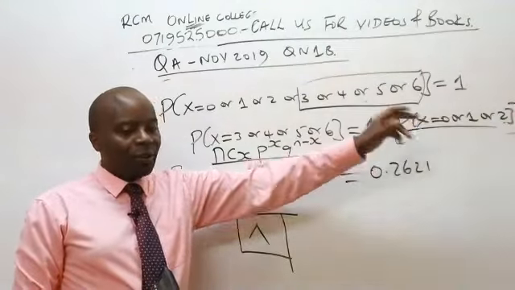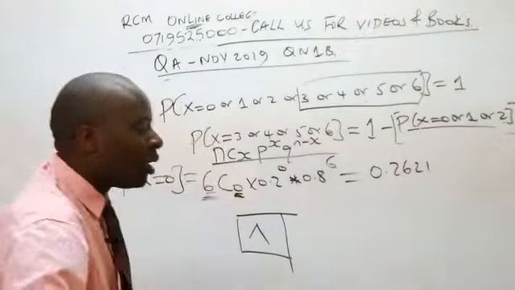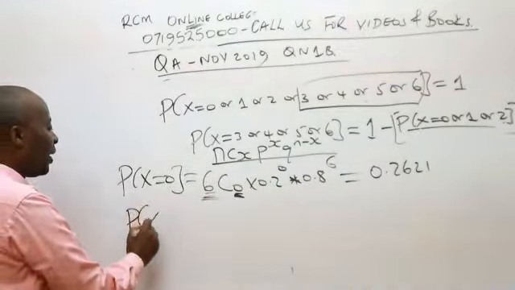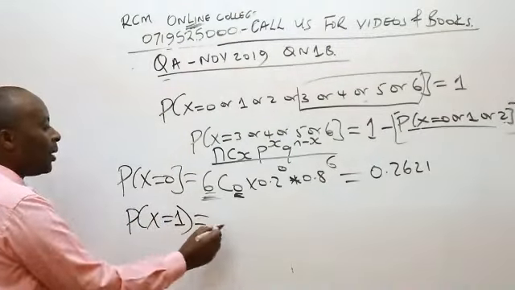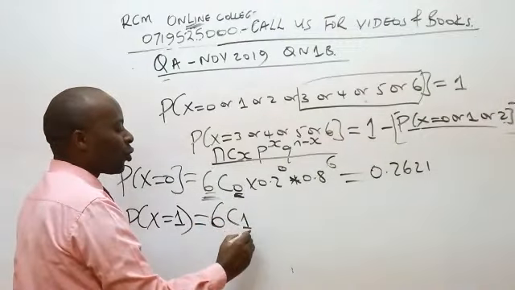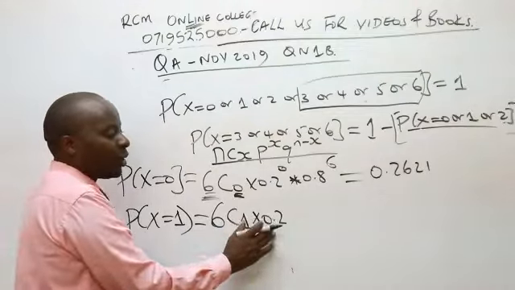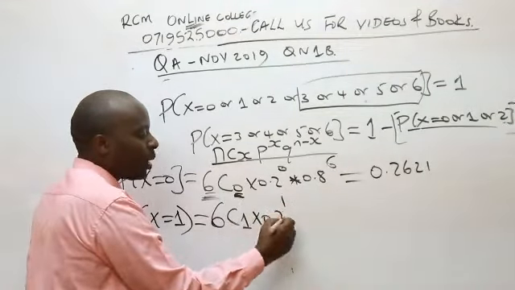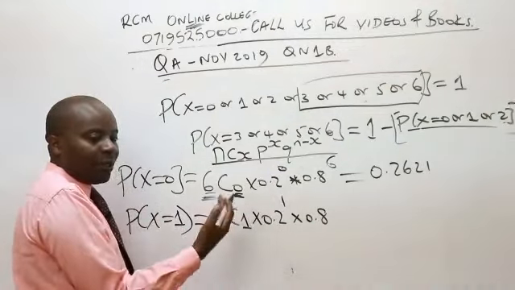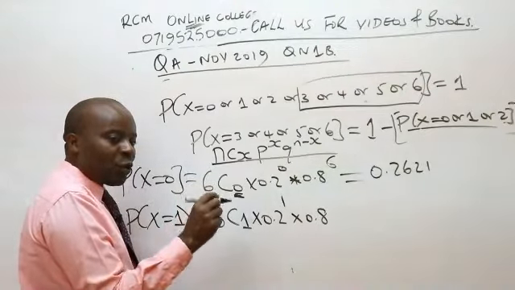Take on the probability of the second event, where X equals 1. So come and give us the probability when X equals 1. Remember, we are using this general formula. It will be 6 combinations 1 times 0.2 raised to power 1 times our Q, 0.8. Remember these figures I gave them to you up there. So 0.8 this time around will be raised to a new power.